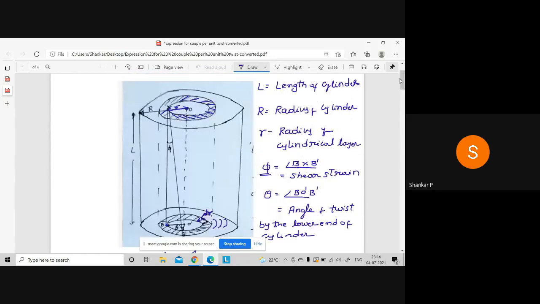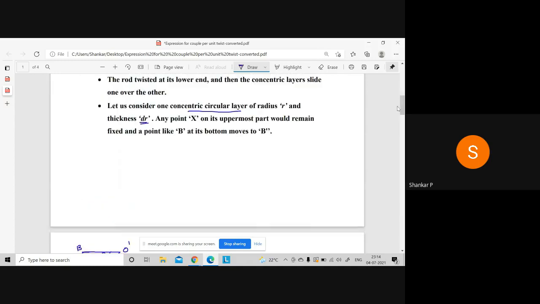Now we can observe from the diagram that we can evaluate how much is the shear strain and also how much is the twisting angle. Let us write this from the diagram.